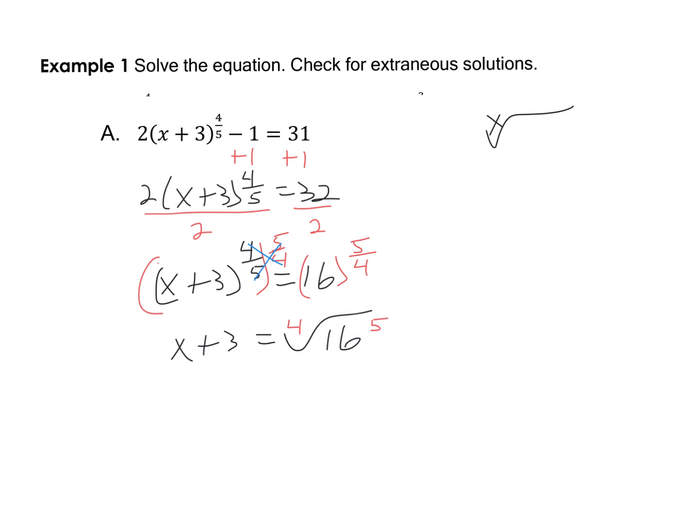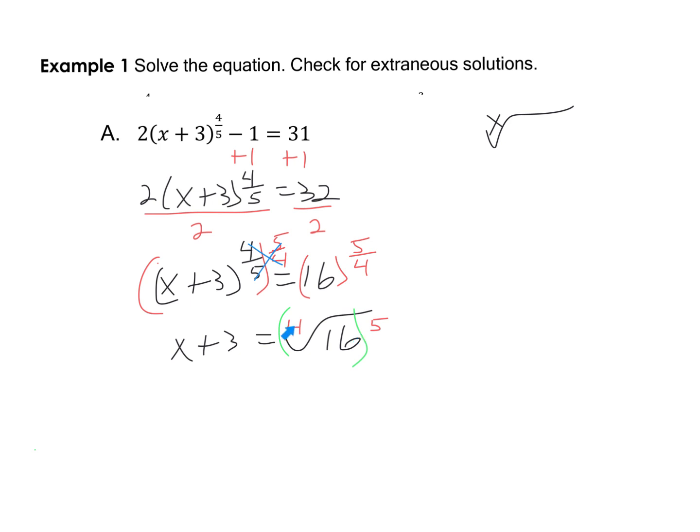But let me show you how you can also work it out. So the 4th root of 16 to the 5th power, there's 2 ways to solve this. You could do 16 to the 5th first, and then find the 4th root of that. So you could do this first, or you could also do the 4th root of 16 first, and then raise it to the 5th power.